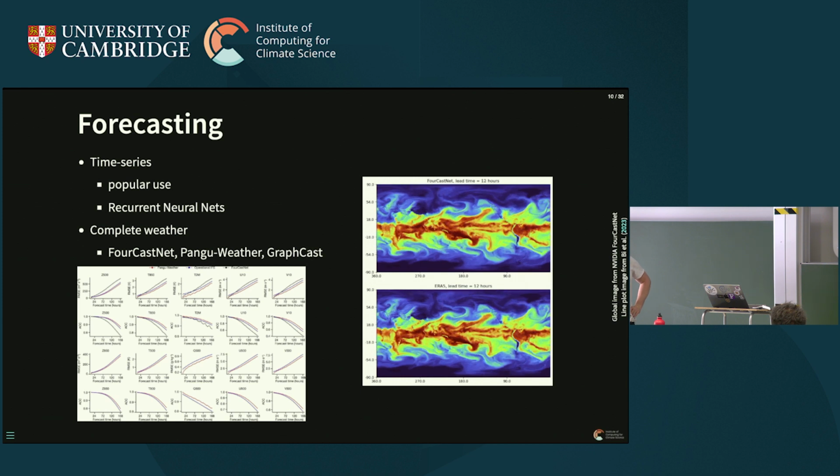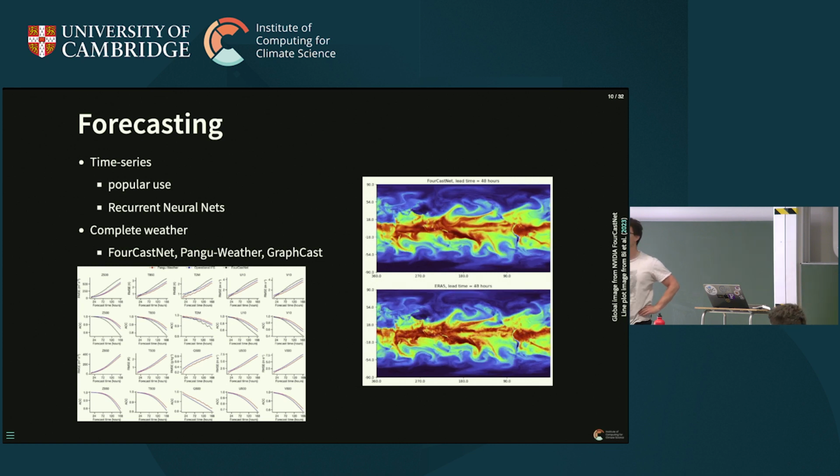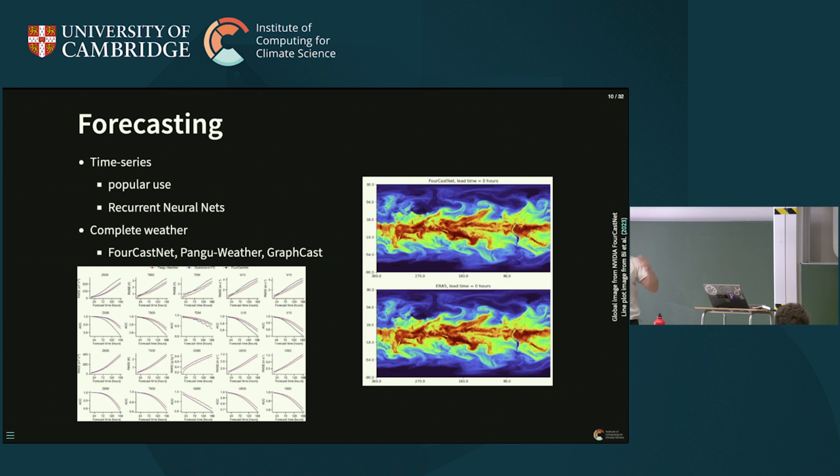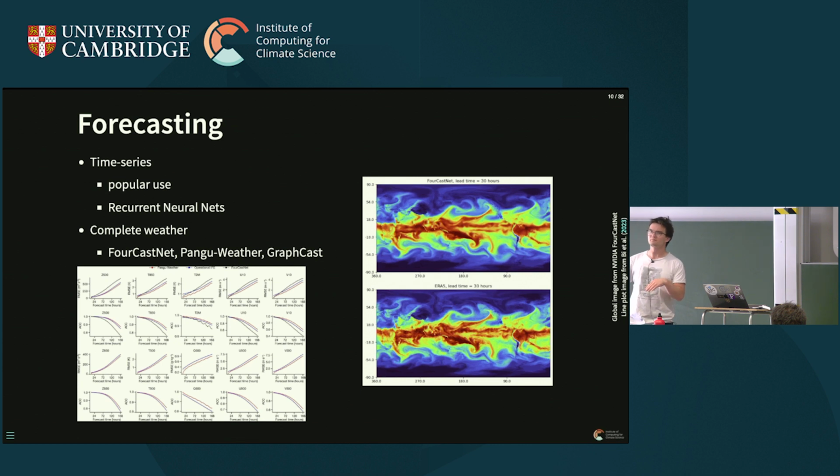The way these are done is they train them on the ERA5 dataset. For those who don't do so much atmospheric science, ECMWF, who are a forecasting group, have a big physics-based climate model, and they run this model to generate a weather forecast.